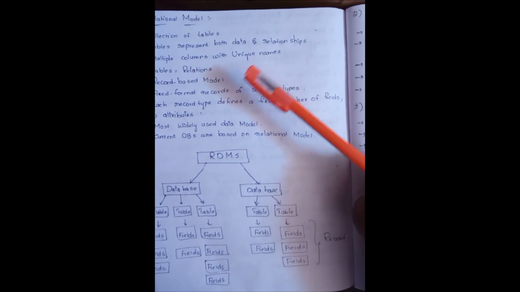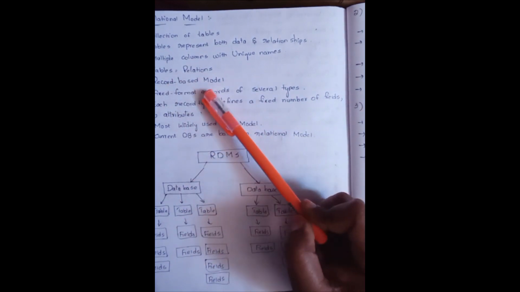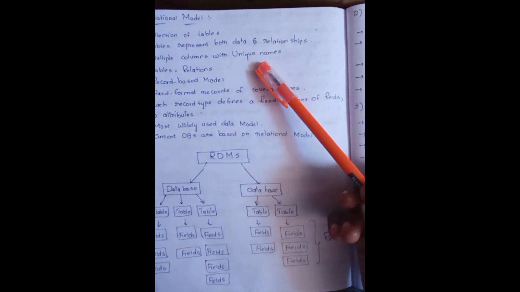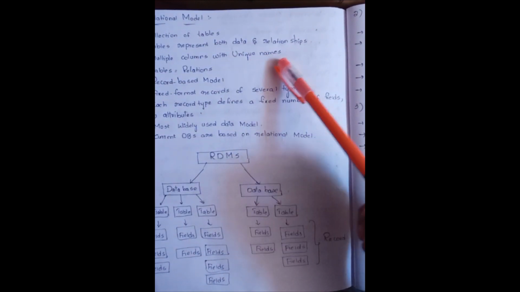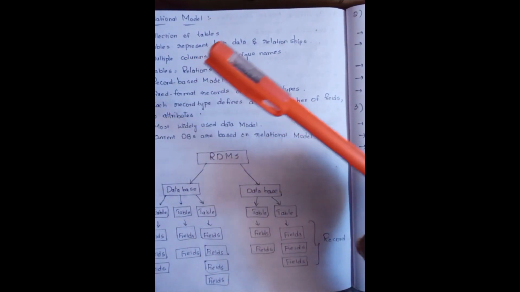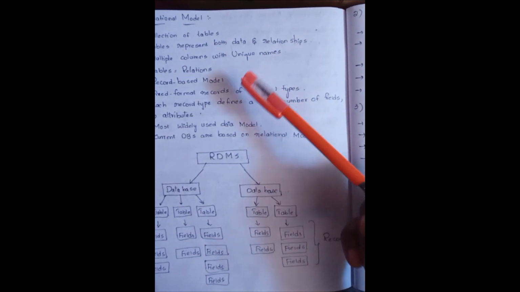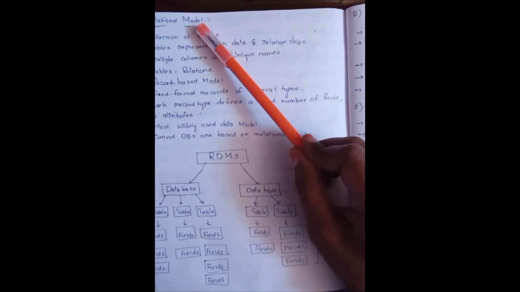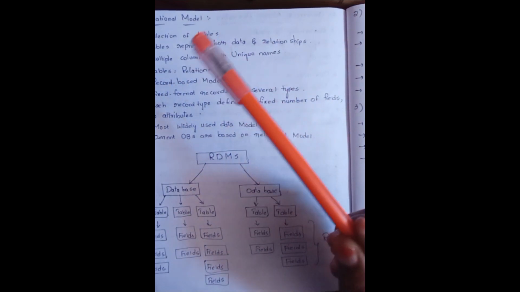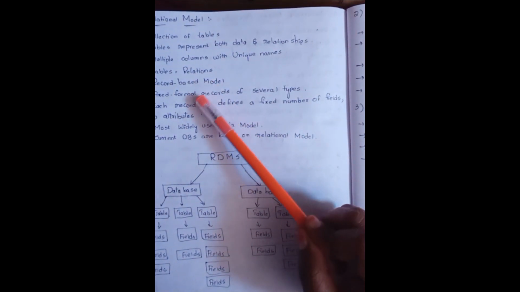And we know basically a table contains multiple columns and each column in the table has a unique name, and likewise in the database we have multiple tables and each table will have a unique name.